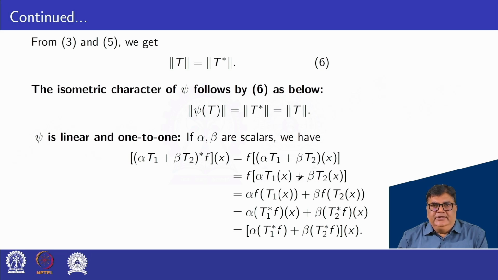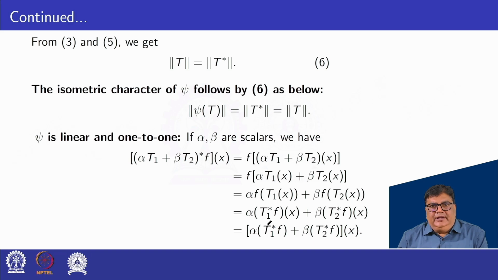Again, as per the definition of adjoint, this can be written as alpha into T1 star of f x, similarly plus beta into T2 star f of x. Again, this can be written as alpha T1 star f plus beta T2 star f, x.